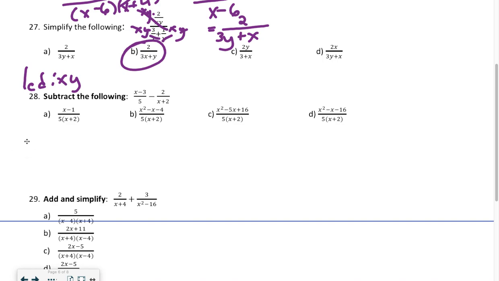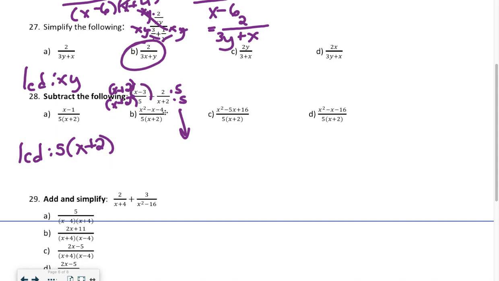For number 28, you're going to determine an LCD, which would be a combination of both denominators. This denominator needs an x plus 2, while this denominator needs a 5. Now remember, you simplify your numerators first. So when I distribute here, I get x squared plus negative 3x plus 2x, which is negative x minus 6.